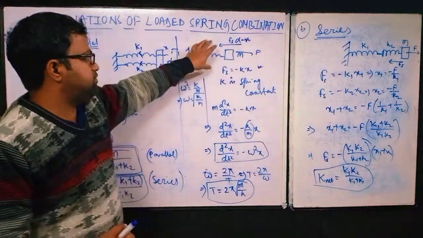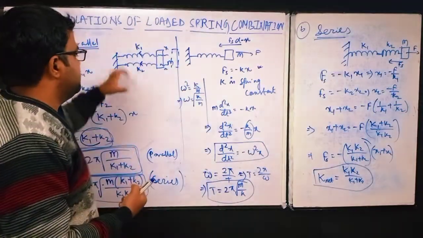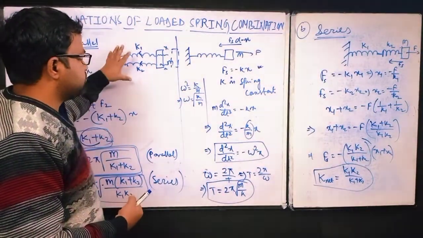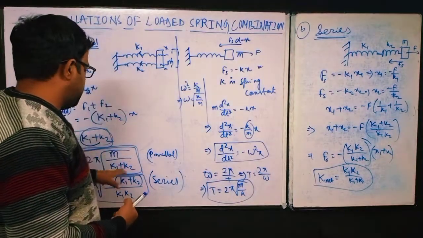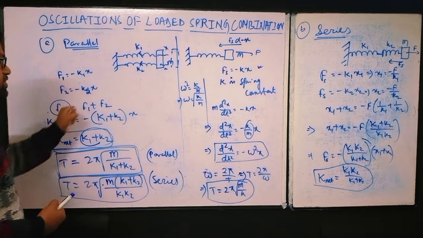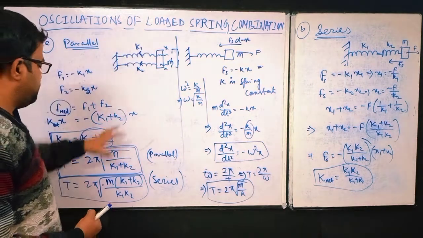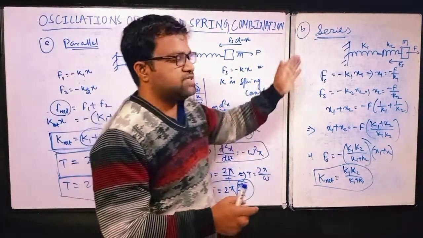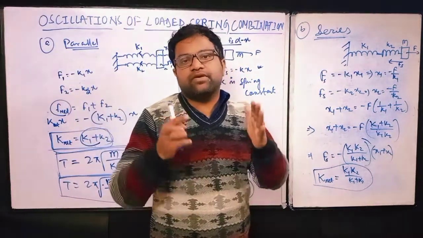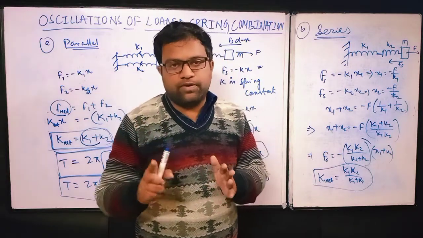Now if more than one spring is combined, two springs, if they are connected in parallel, then the net constant of these two springs will be K1 plus K2, and if they are connected in series, end to end, then the net spring constant will be K1 K2 upon K1 plus K2.